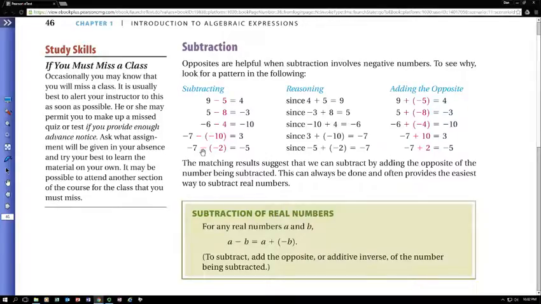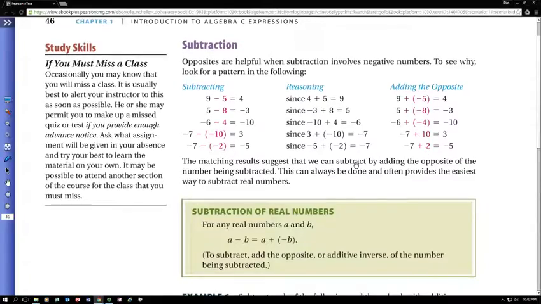Same thing here. If you see subtraction of negatives, change to addition. In fact, I'll go one step farther. If you see subtraction, change to an addition. Why would I say that? It seems like an extra step, but what does addition have that subtraction does not have? The commutative and associative laws.